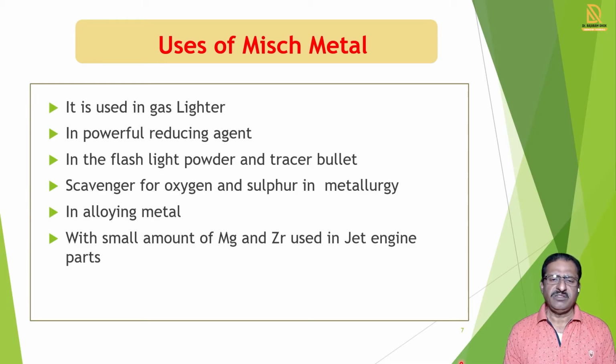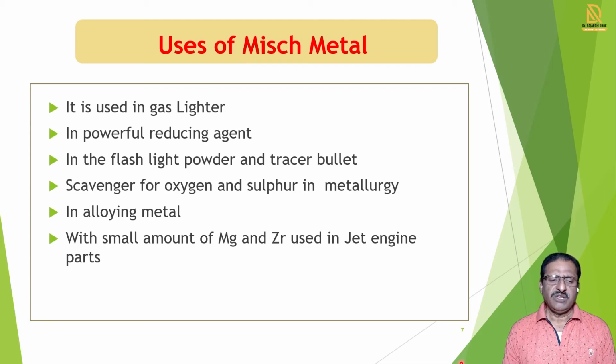When that mixed metal is added in that metallurgical process, then that oxygen and sulfur are removed, because oxygen is one of the elements that causes corrosion, or causes different defects in that metal and other compounds.